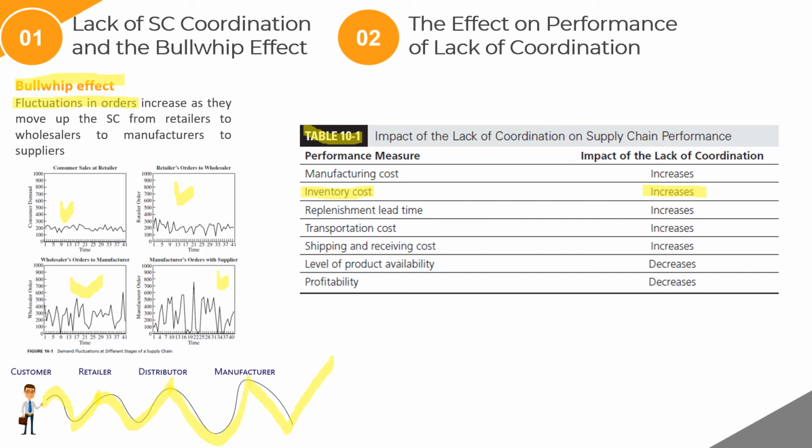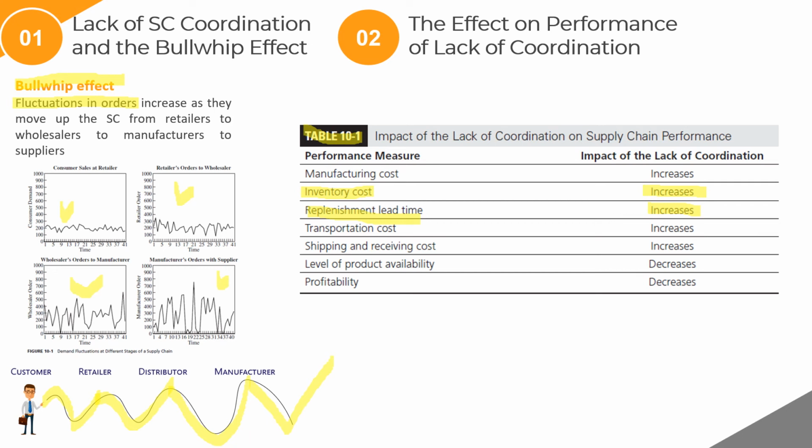And then another example is the replenishment lead time. The increased variability as a result of the bullwhip effect makes scheduling at firms and supplier plants much more difficult than when the demand is level or stagnant.